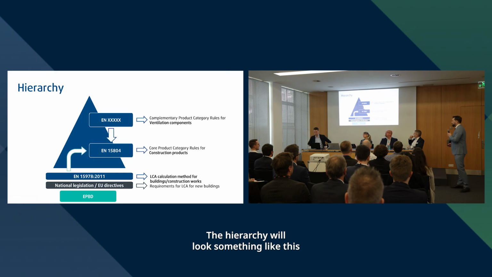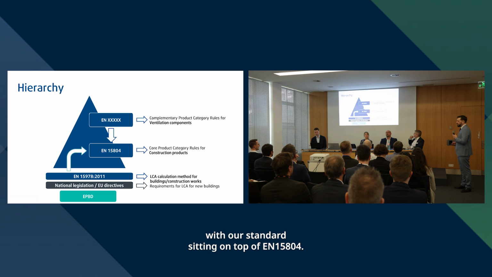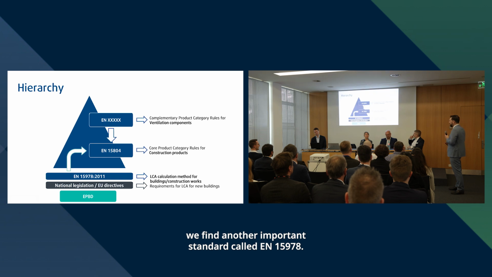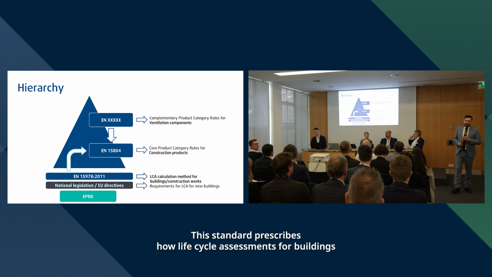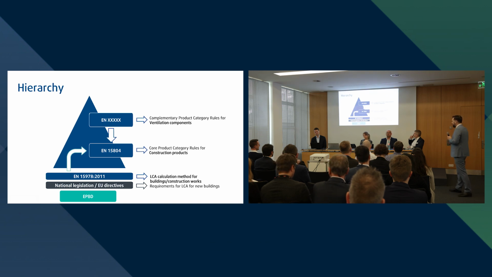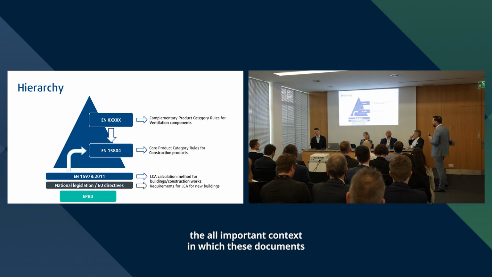The hierarchy will look something like this, with our standard sitting on top of EN 15804. Below EN 15804, we find another important standard called EN 15978. This standard prescribes how life cycle assessments for buildings must be conducted in Europe, really providing the all-important context in which these documents are intended to be used.